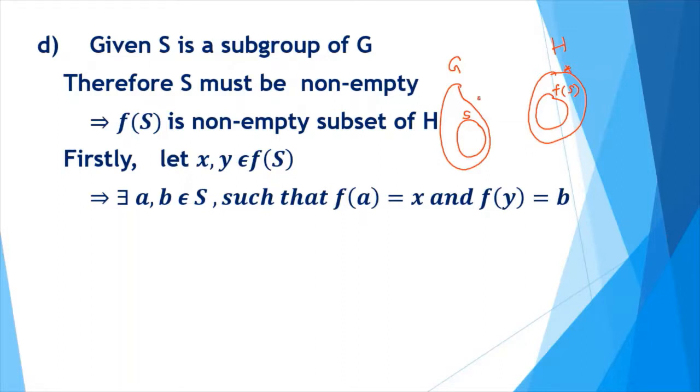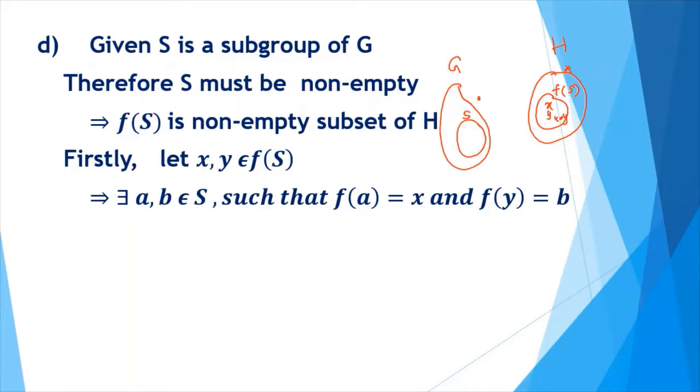To prove f of S is a subgroup, we are going to prove the closure law and the inverse axiom. For that, you take two elements in f of S. We have to prove that x star y also belongs to this set f of S.